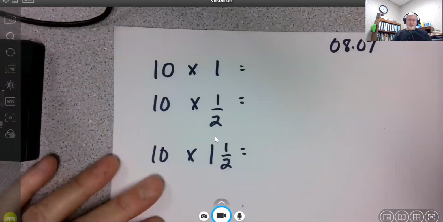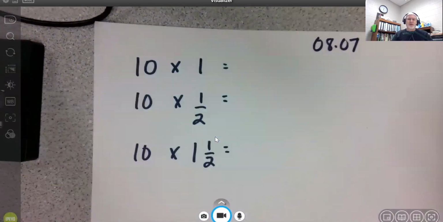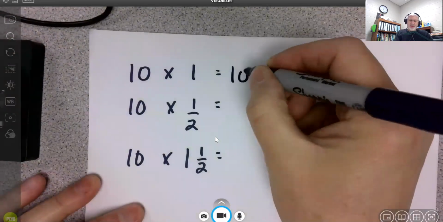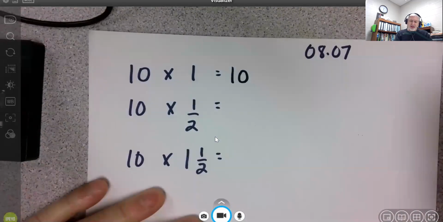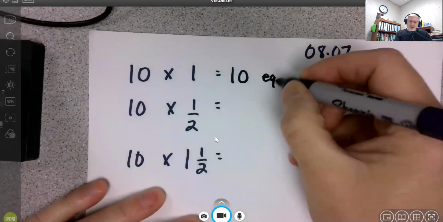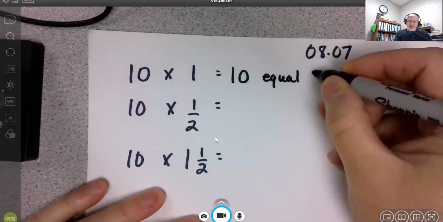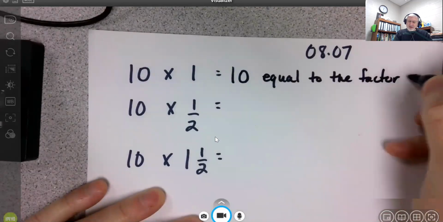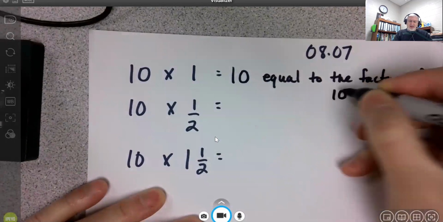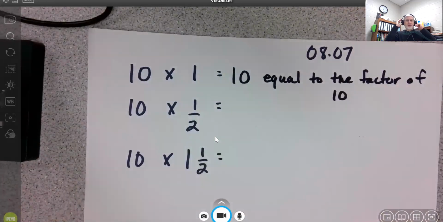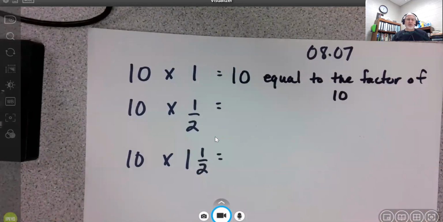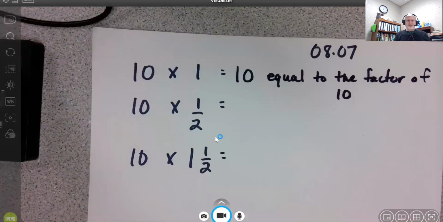Okay, so probably the easiest one for y'all is going to be 10 times 1. So if I get 10 times 1, I know that equals 10, which is equal to the factor of 10. If one of my factors is 1, my product's going to be the other factor, because any number times 1 is itself.